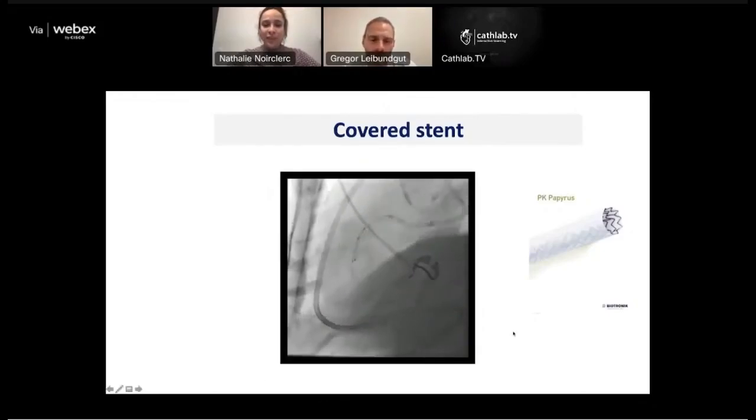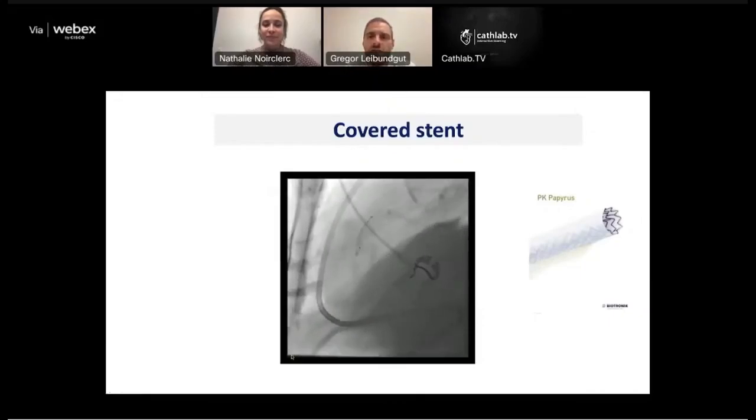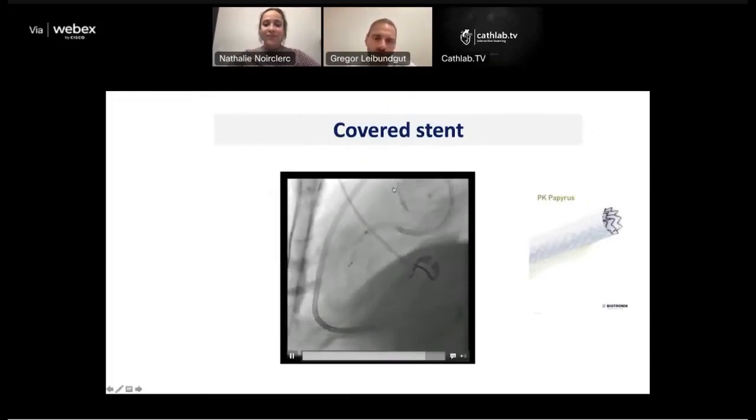So just to explain for less experienced operators, there is a lot going on here. First of all, we have the lead of the ECG. Then we have this S-shaped tube, which is the pericardiocentesis drain, going from subxiphoidal and then around the apex and then up to the proximal LAD.